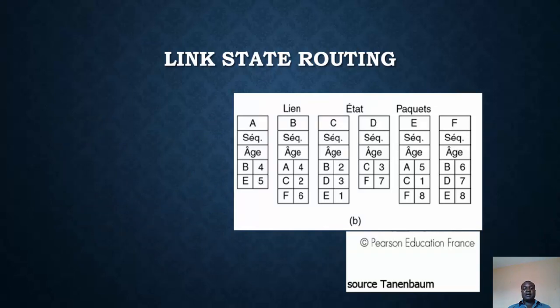And this is the presentation concerning those different link states. The link state here will concern the sequence. Maybe we will take, for example, the case of router A. It will have a sequence and the time, that is the age, that it will take to reach the other routers.